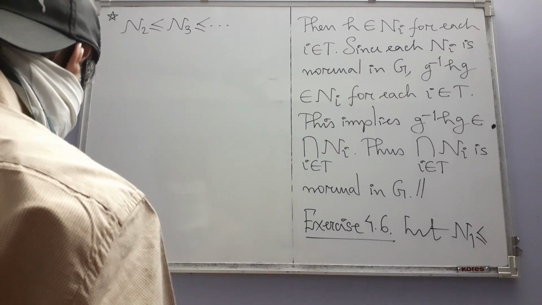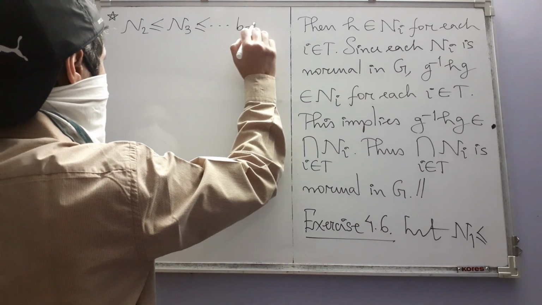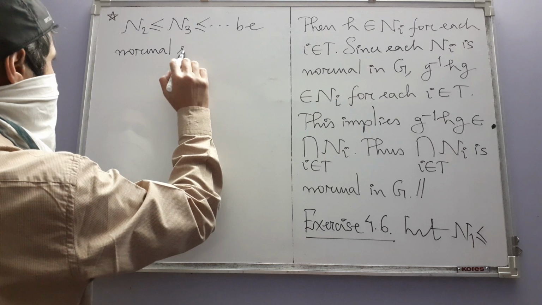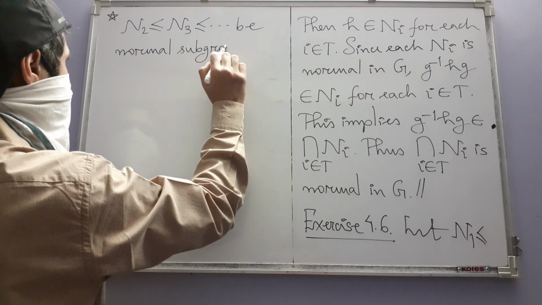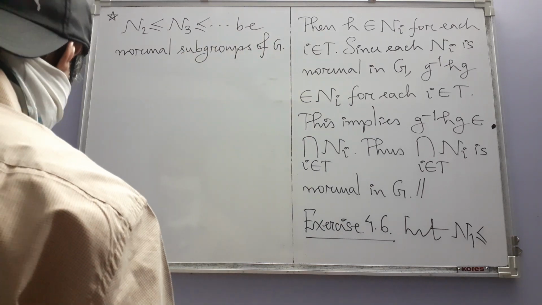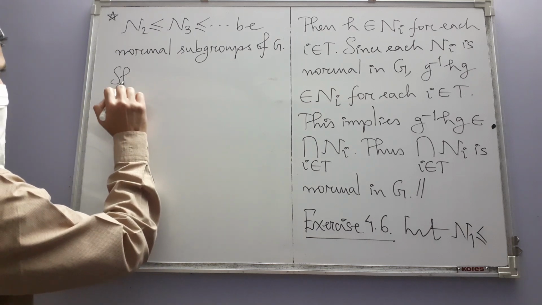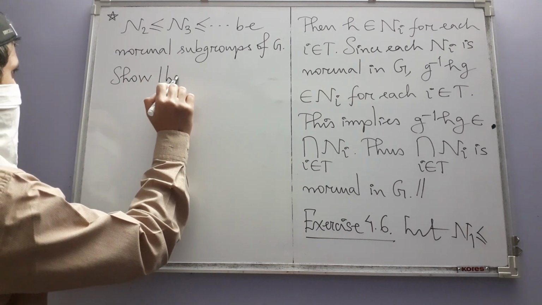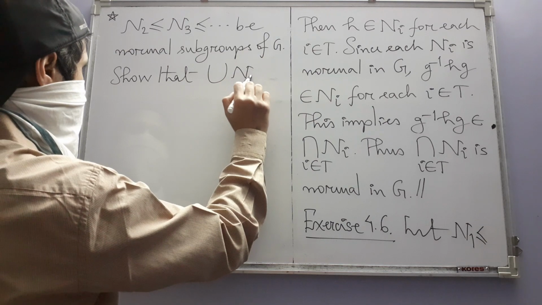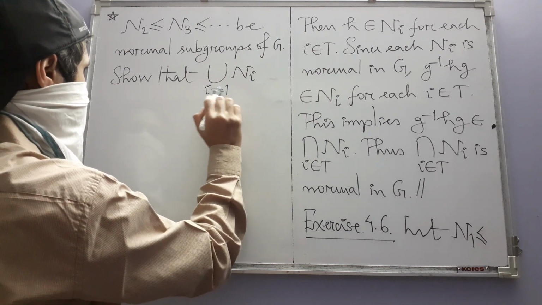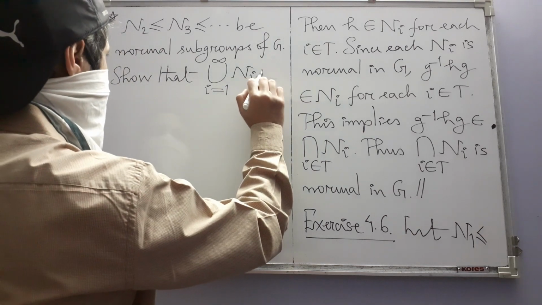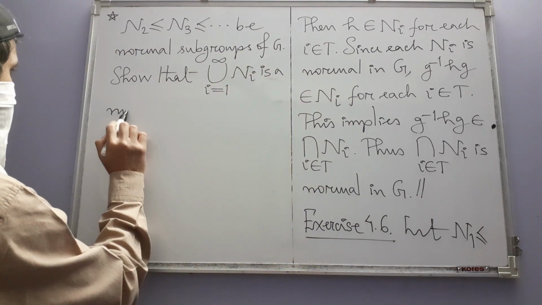And all of them are normal subgroups of G, of some group G. Show that this time their union is a normal subgroup of G.